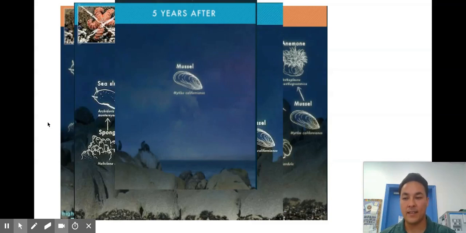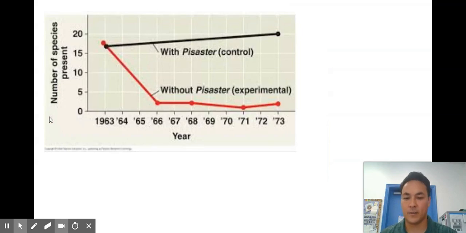So hopefully that makes sense in the light of experimental design, and that you remember our lesson on keystone species and trophic cascades with Robert Payne and the green world hypothesis. Here's a nice little graph just showing this. If we were to do claim, evidence, reasoning, this would be the evidence showing that the starfish were the keystone species.